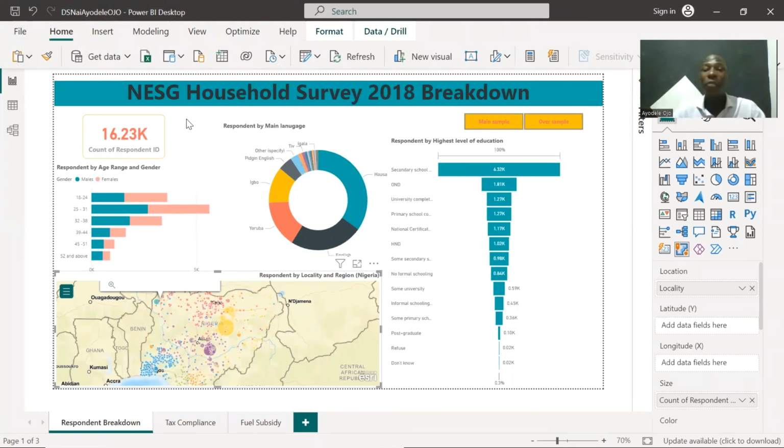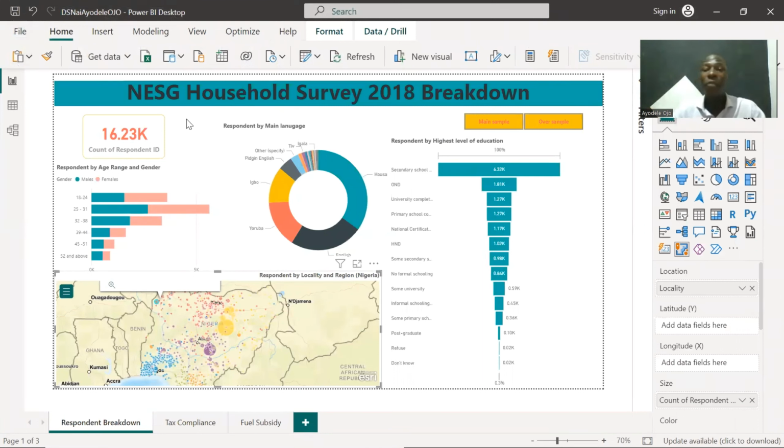As we can see, it's well distributed, and the forms are coming from different parts of Nigeria.